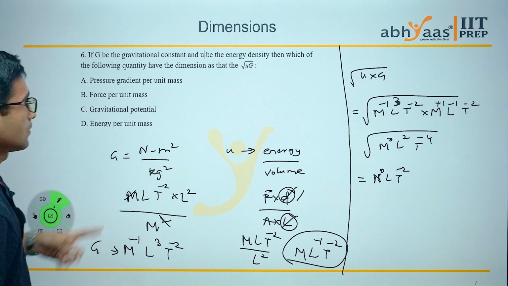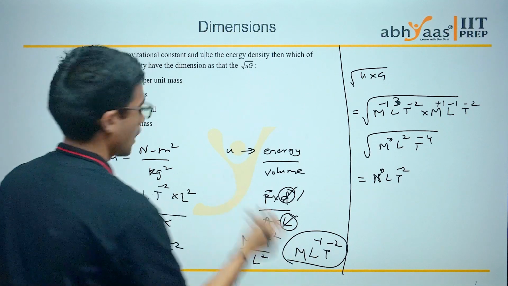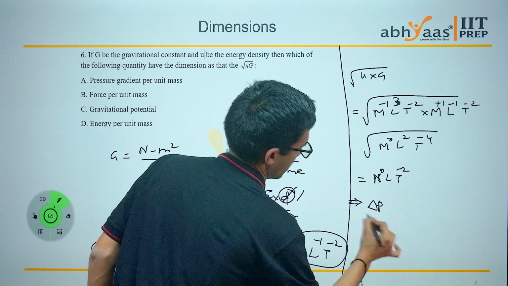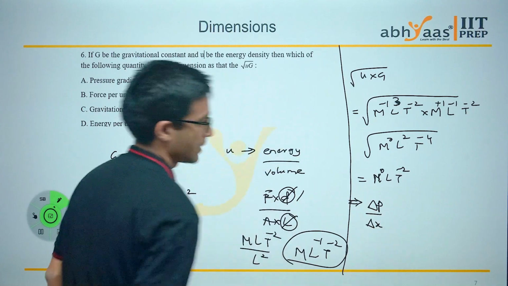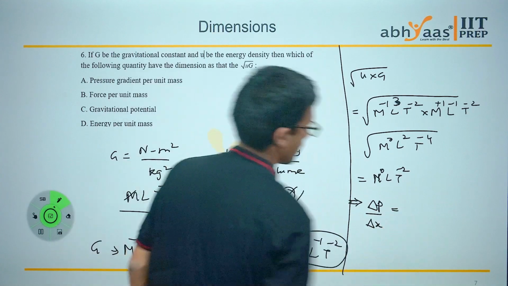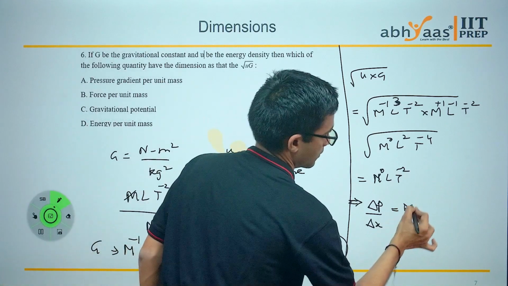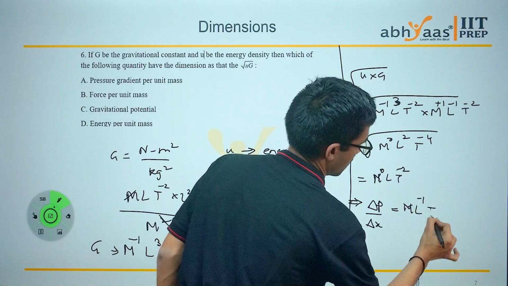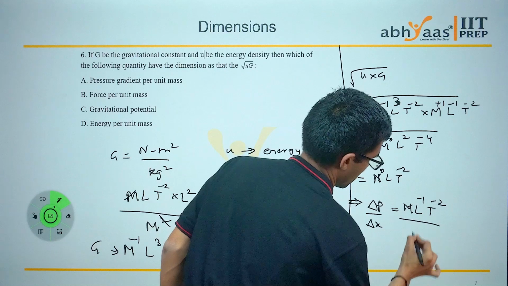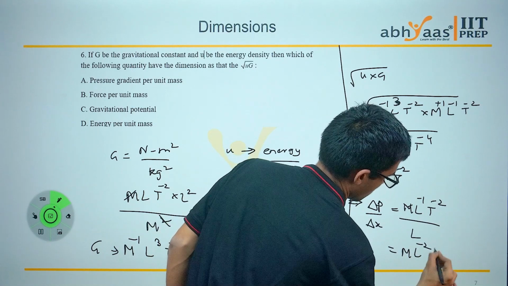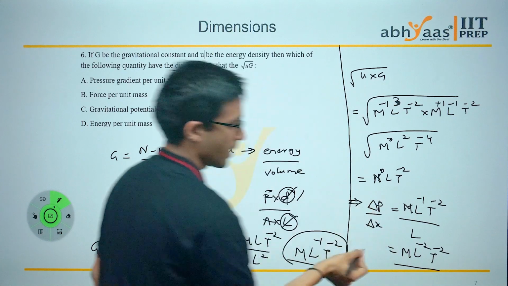So if you observe from the options, first one is pressure gradient, that is delta P by delta X. Pressure units, that is force per unit area. Just now I told, that is M L power minus 1 T power minus 2 by L. That means M L power minus 2 T power minus 2. Is it matching? Not matching.